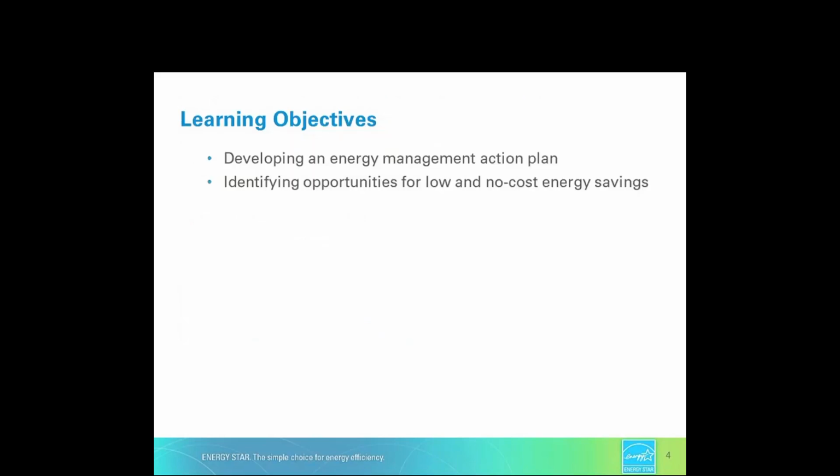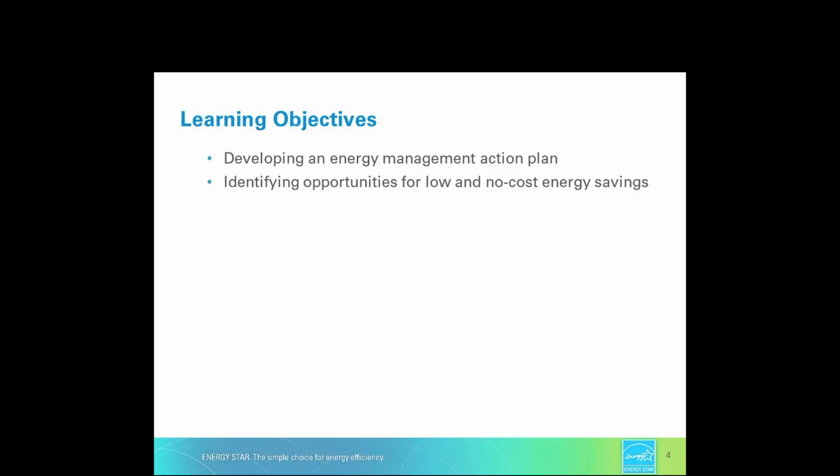We don't have a huge number of learning objectives today, but the two that we do have are pretty substantial in content. We'll try to wrap up around 2 and then move on to a question and answer session. First, we're going to talk about recommendations for developing an energy management action plan. When we say action plan, sometimes it can be really intense or complex.